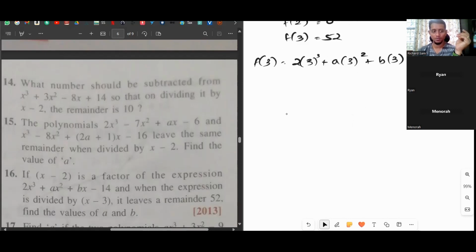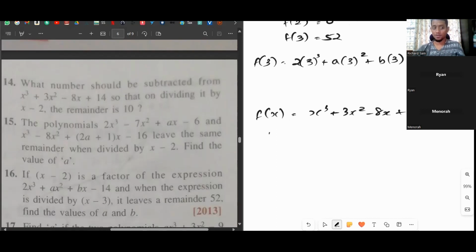So, for example, in this 14th question, f of x will be x cube plus 3x square minus 8x plus 14 minus a. This is the whole expression, because this is what we are subtracting.